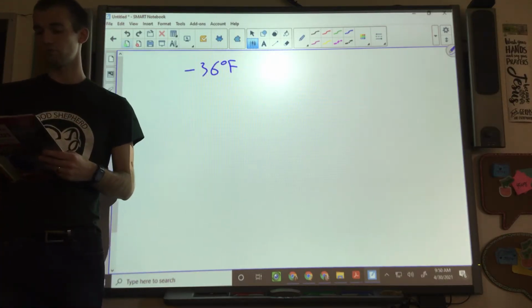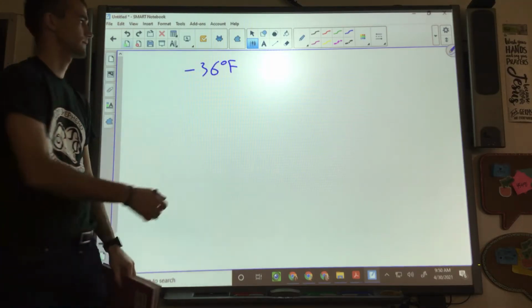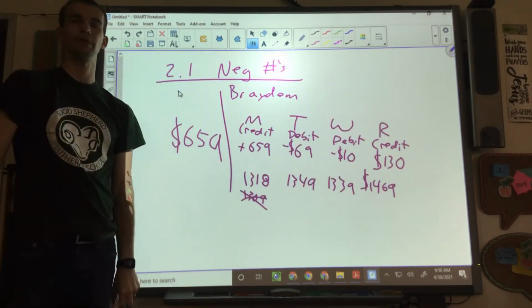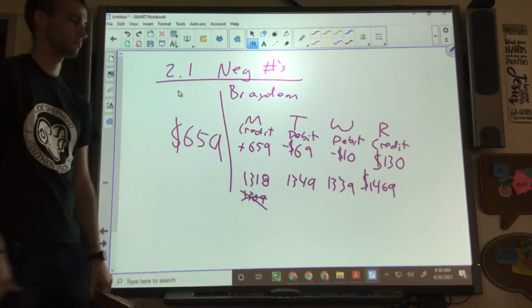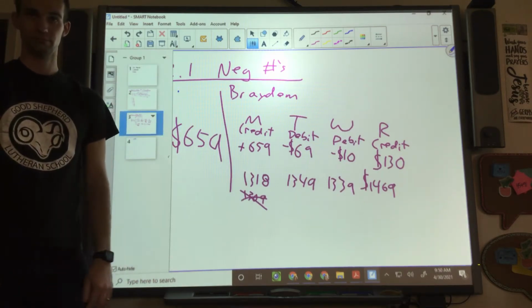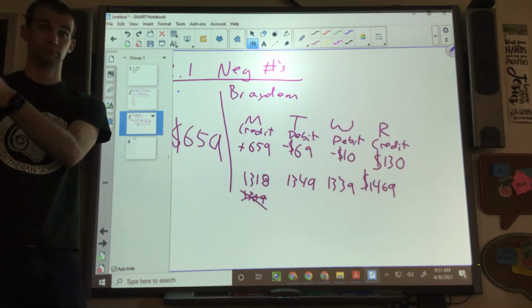Brayden, number 2. A debit of 10,540. Positive. What? Debit. Oh, negative. Why? Because debit looks like what word? Debit looks like the thing that we were talking about. What's the word?